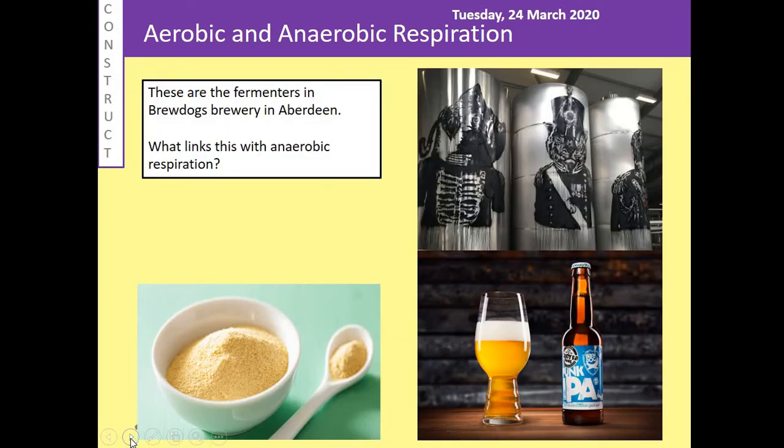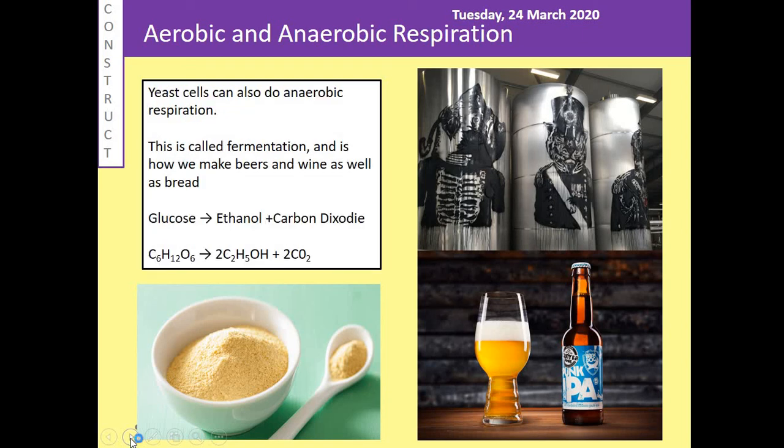Okay, so now we're thinking about some application, and thinking about fermenters. What links this with anaerobic respiration? Well, of course, yeast. Yeast cells can also do anaerobic respiration, and this process is called fermentation. Fermentation is really important for making beer and wine.